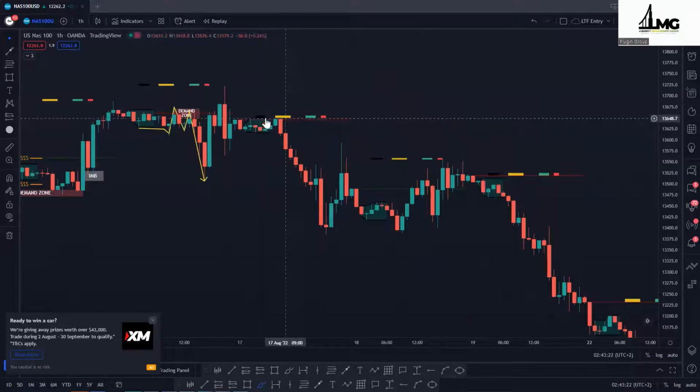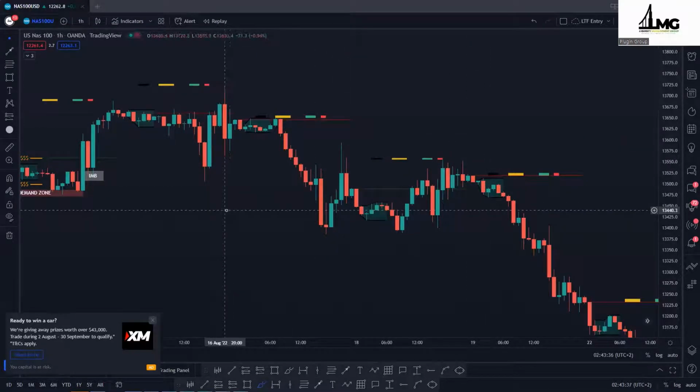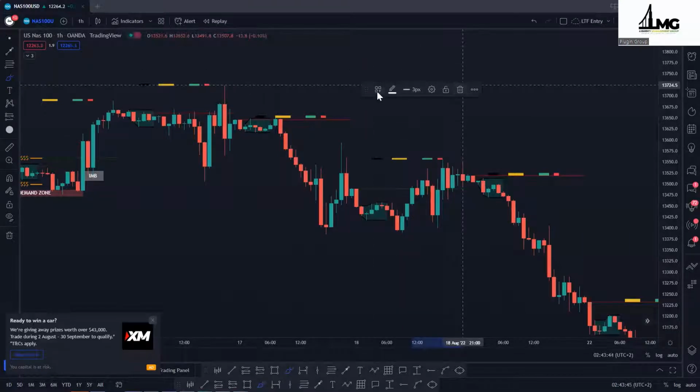From the screen, you're seeing two things, guys. You're seeing the Asian range, and you're seeing this green and red line that's forming up. It shows me the opening of the day, because I know that price opens for the day.